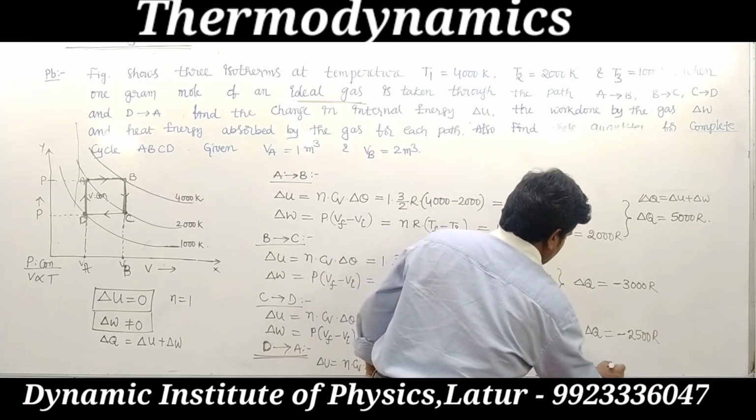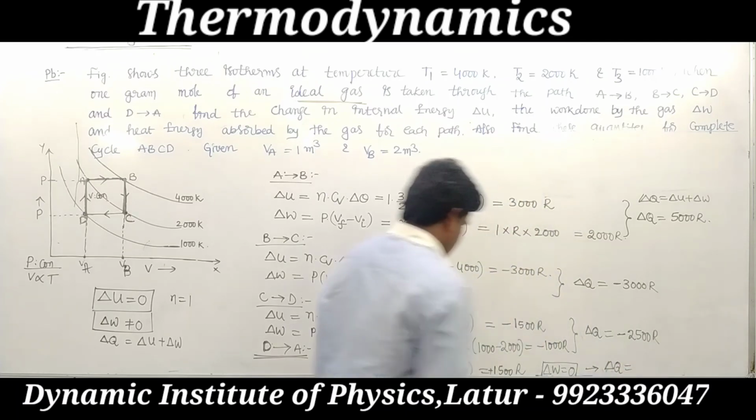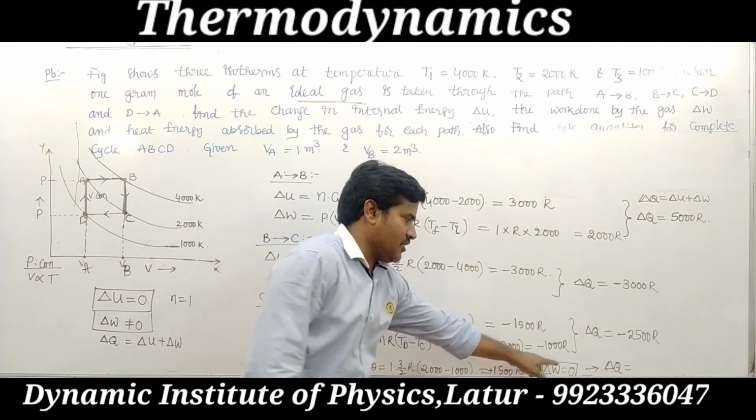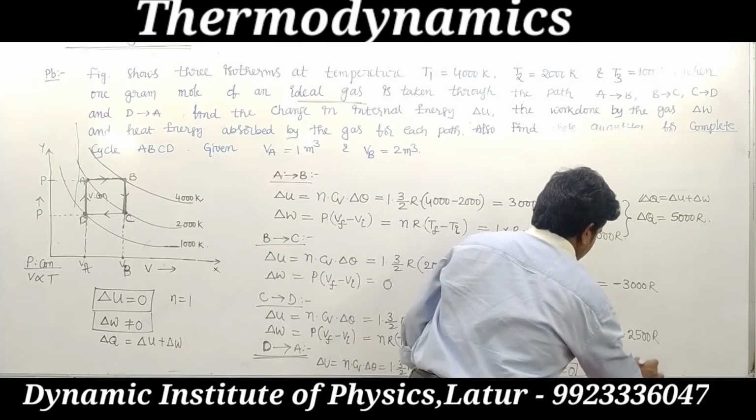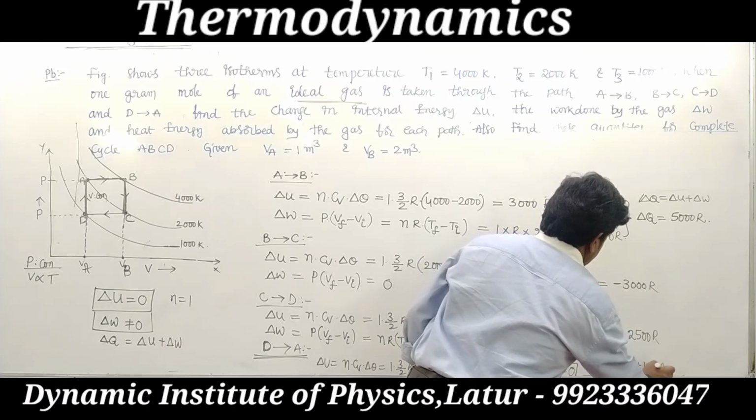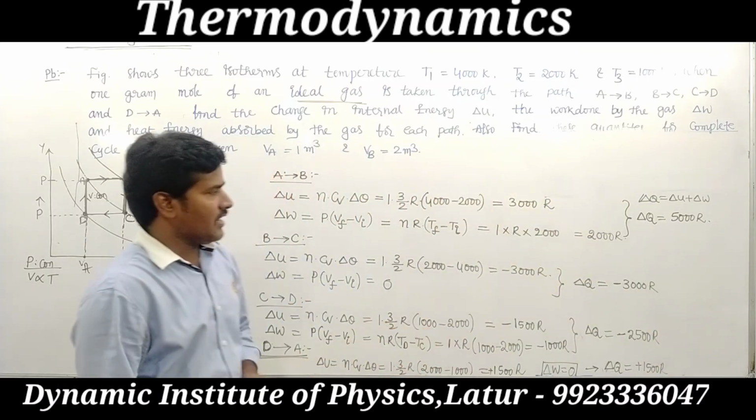Here delta Q is 1500 R plus 0, so this is plus 1500 R.